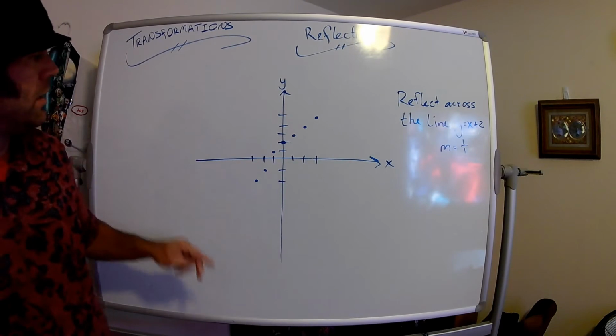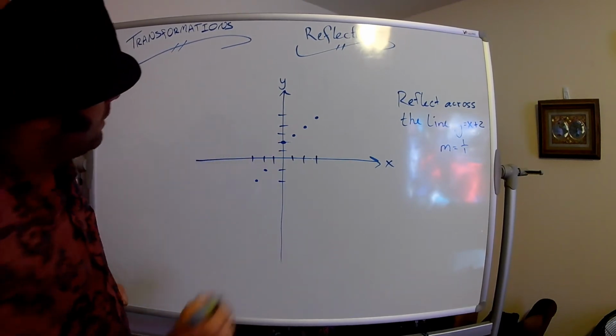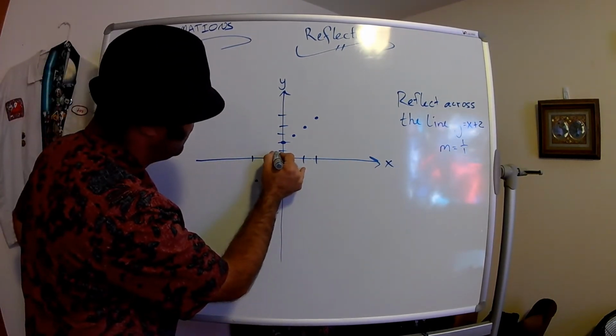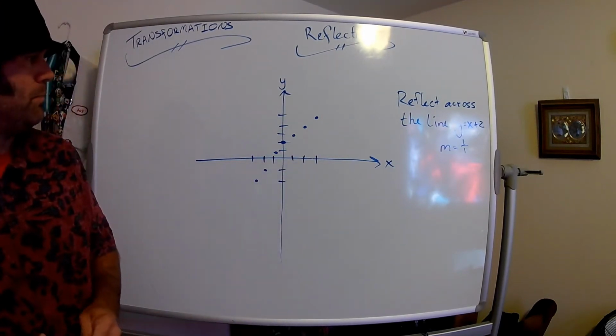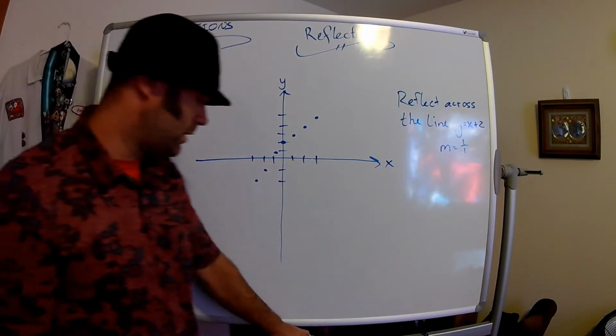So this is the line that we're reflecting across. Bring that down a little. Make it look a little straighter there.